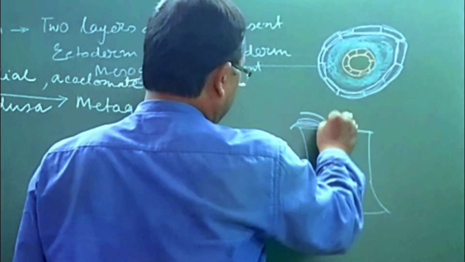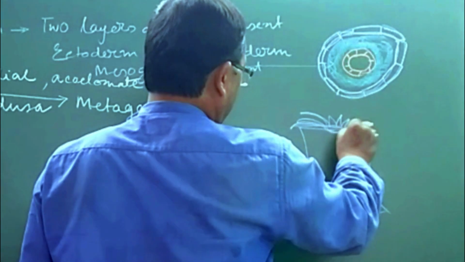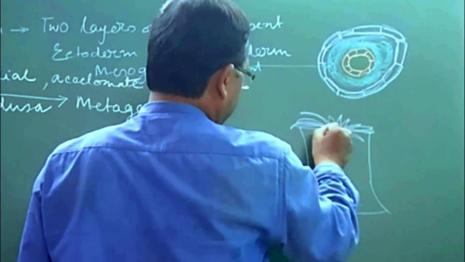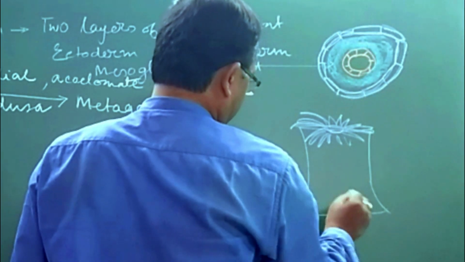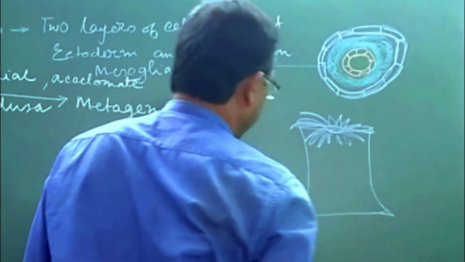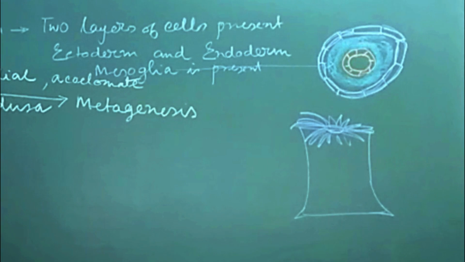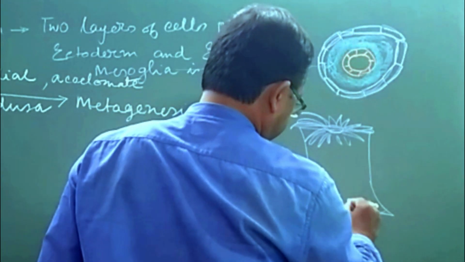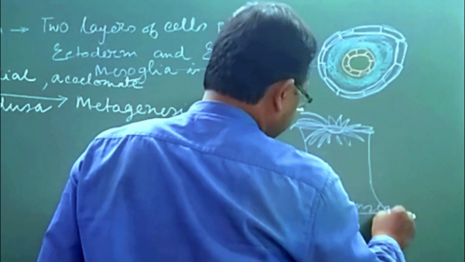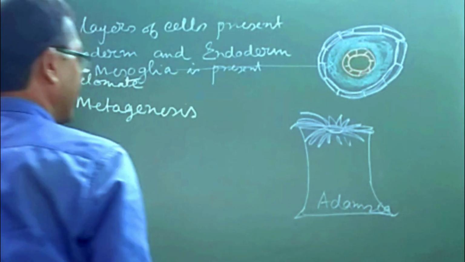This is the sea anemone, Adamsia. It is a polyp.